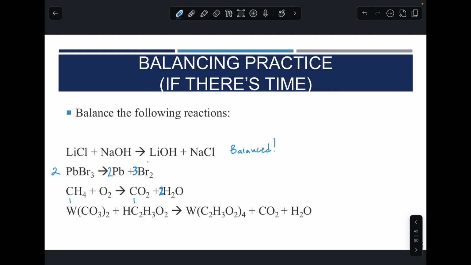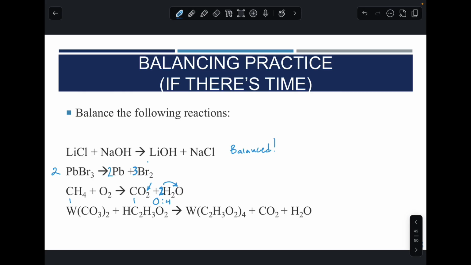When you're doing these really long balancing problems, it is always nice to find an element by itself, because that means it's going to be easier to work with. You can multiply it without changing anything else. And so the total number of oxygens on the right-hand side is going to be 4. Our O count will be 4, because we have 2 coming from here and 2 times 1 coming from there.